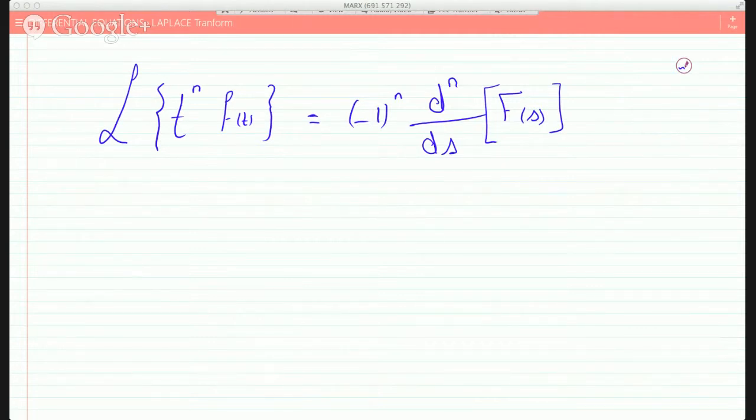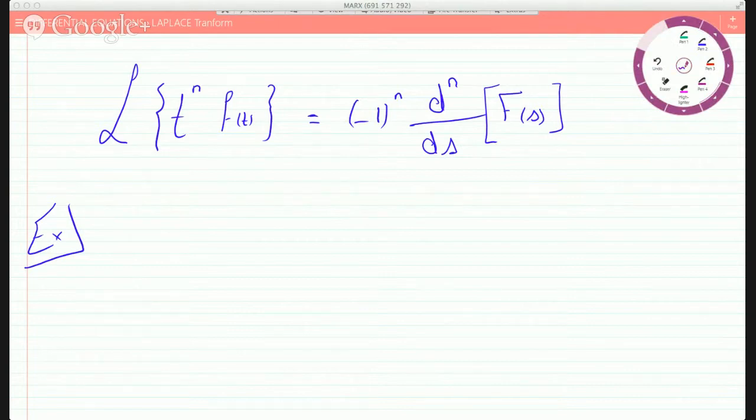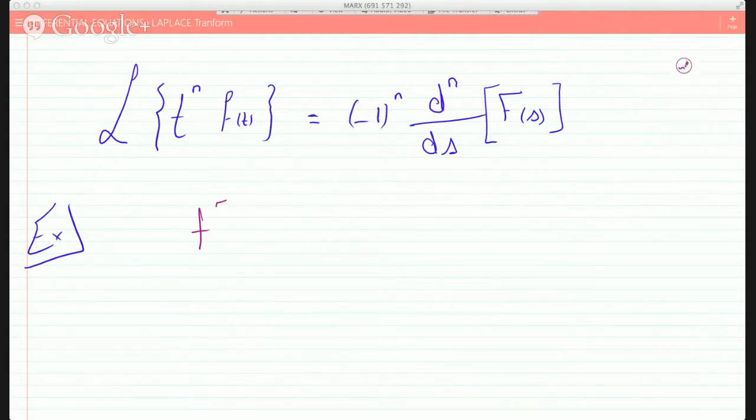let's say I was trying to find, I'll give you an example here. Let's say I was trying to find the Laplace of, let's just say here, t to the 5th cosine 5t, for example.